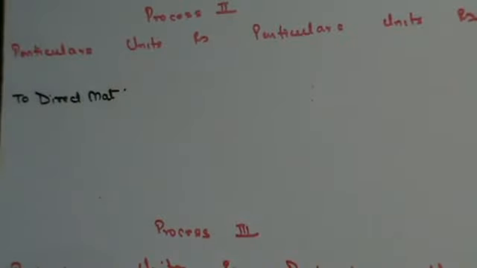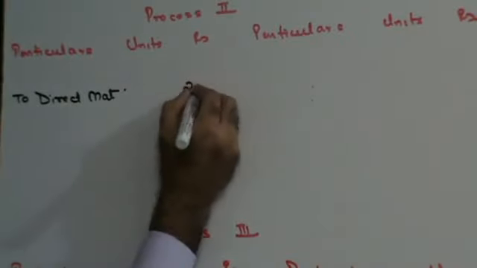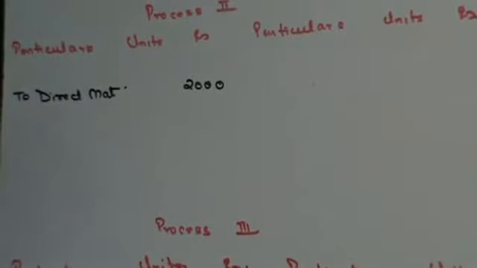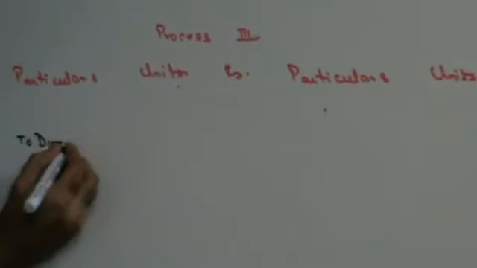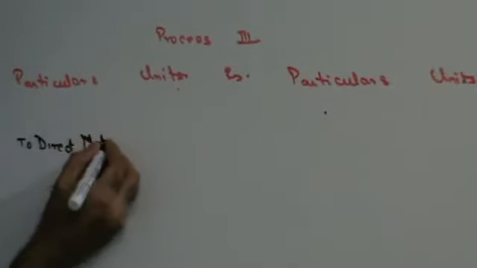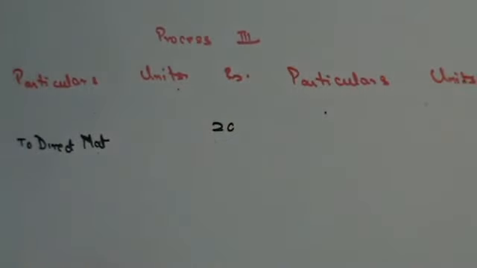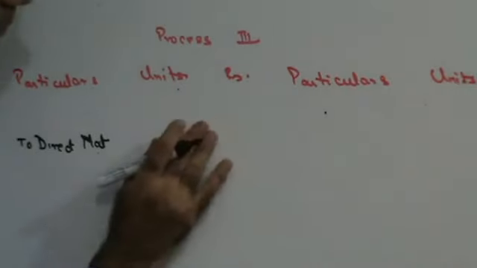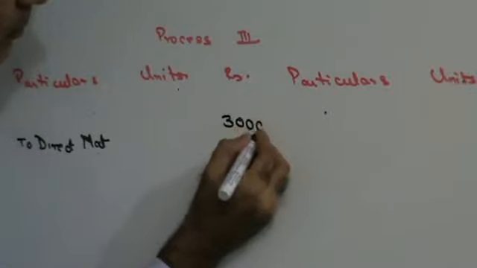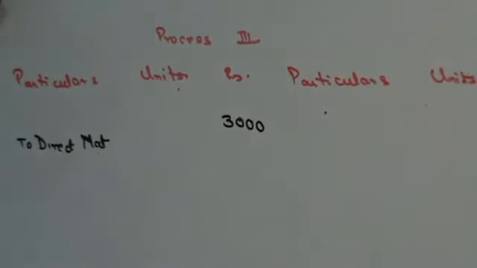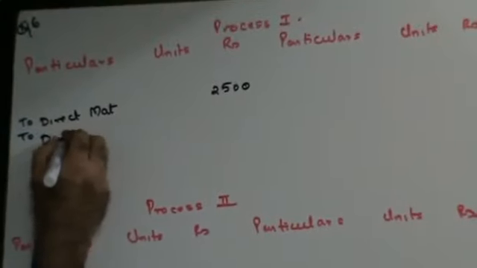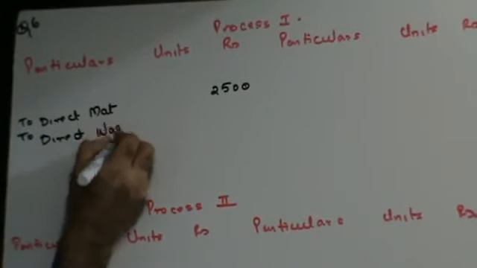To direct material. Direct material for process 2 is given to you as 2000. To direct material for process 3 is given to you as 3000. Next, to direct wages.